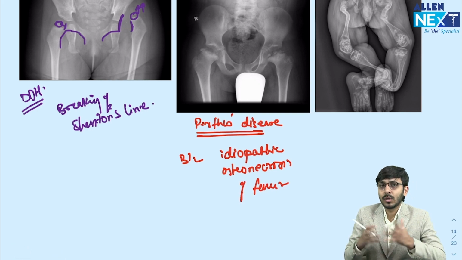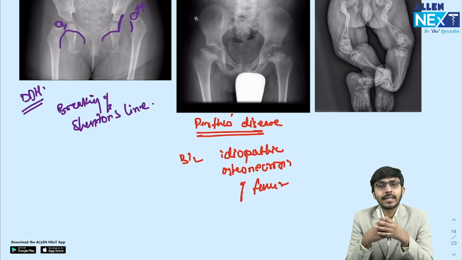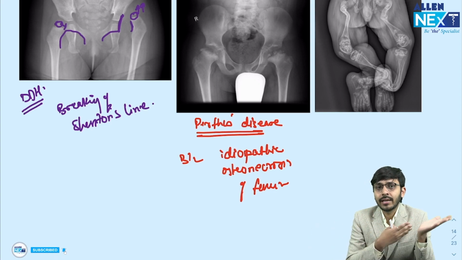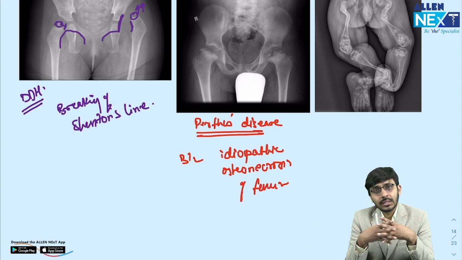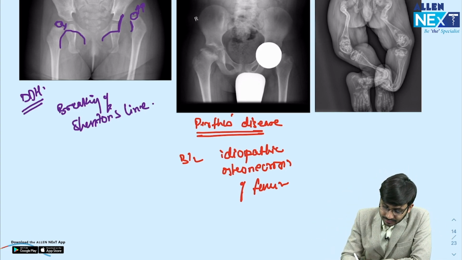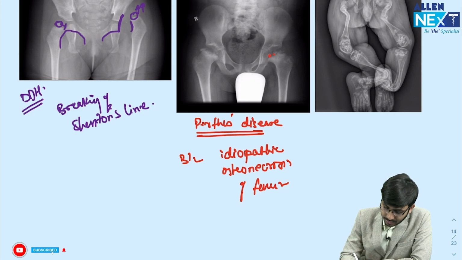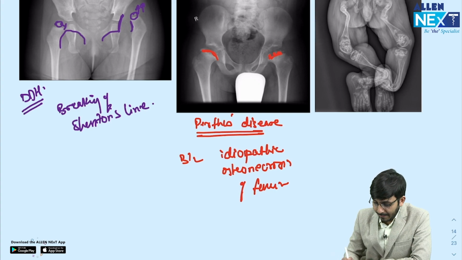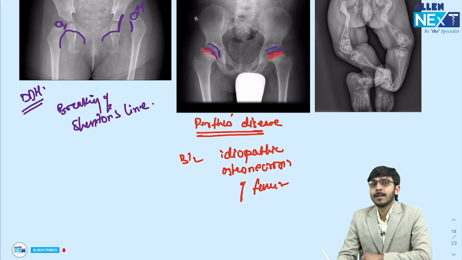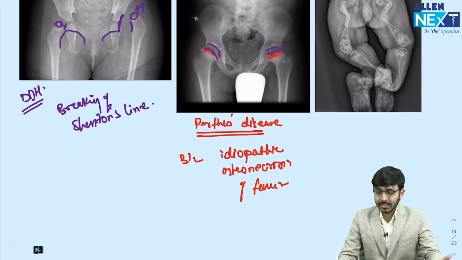Okay, we know that avascular necrosis has a lot of risk factors like steroid use, sickle cell anemia, etc. But if it is due to an idiopathic cause and it is occurring in children, then we call it Perthes disease. Now, in Perthes disease, since it is an avascular necrosis, there will be destruction and flattening of the femoral epiphysis. We see that the femoral epiphysis is destroyed, but the joint space in early disease is maintained. Okay, the joint space is maintained. So these are the findings of Perthes disease.